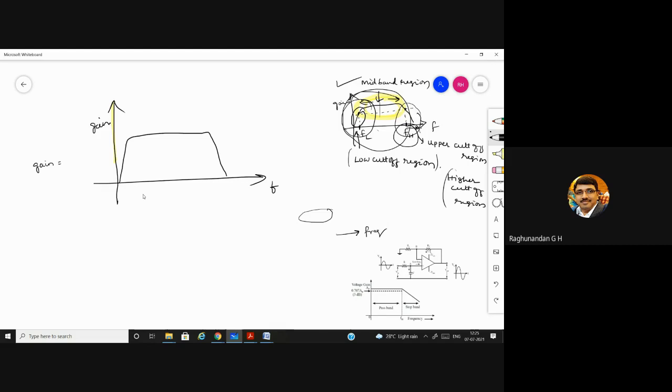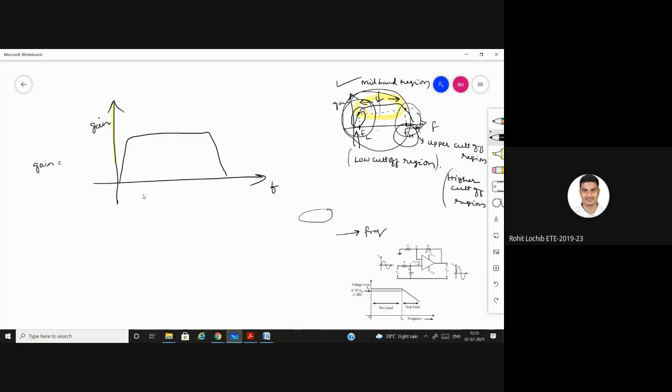Gain of an amplifier. What is the formula? Output voltage by input voltage. Yes, output voltage by input voltage. So if the gain is increasing, what does it indicate?